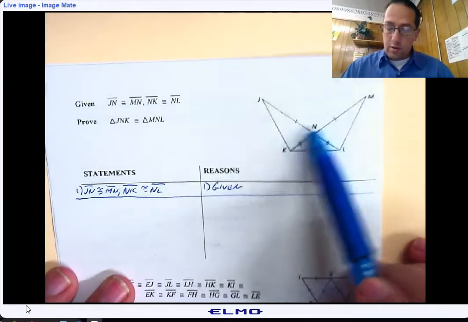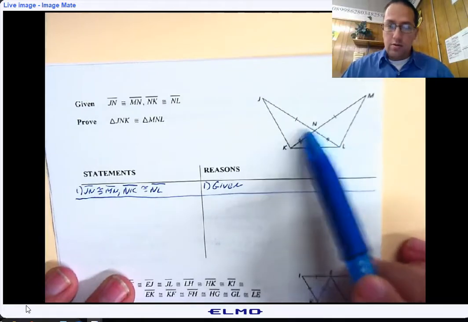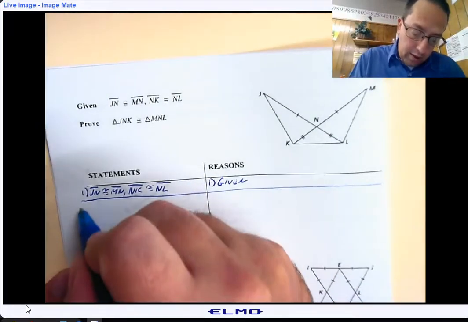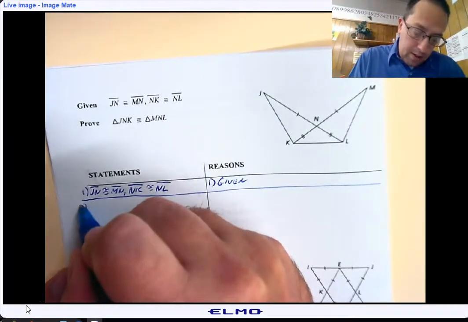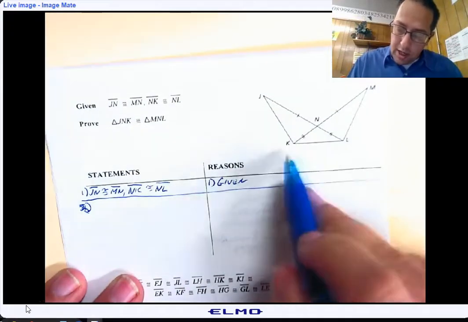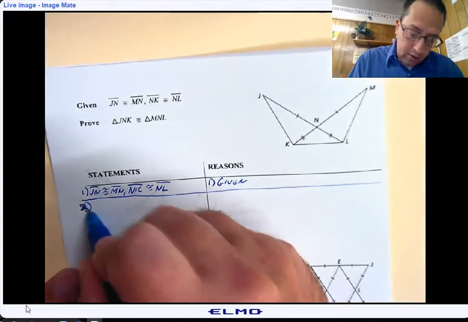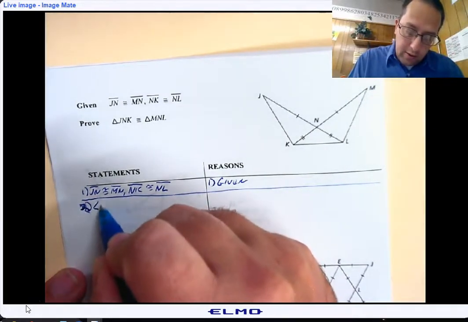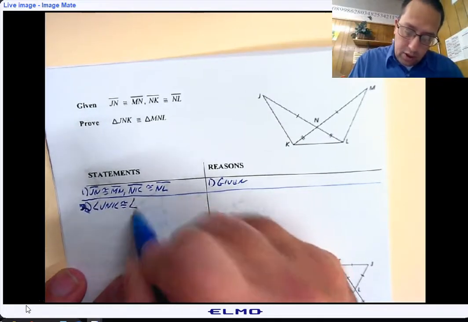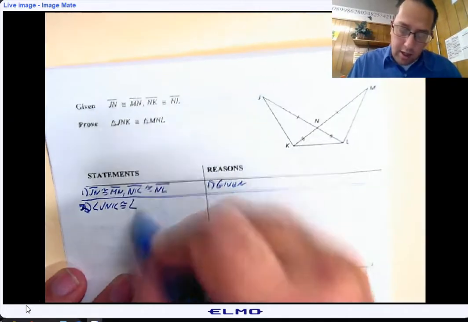If you notice, we do have a vertical angle right here. Since those are vertical angles, that means those are congruent. So we need to put that. Number 3: angle JNK is congruent to angle MNL.